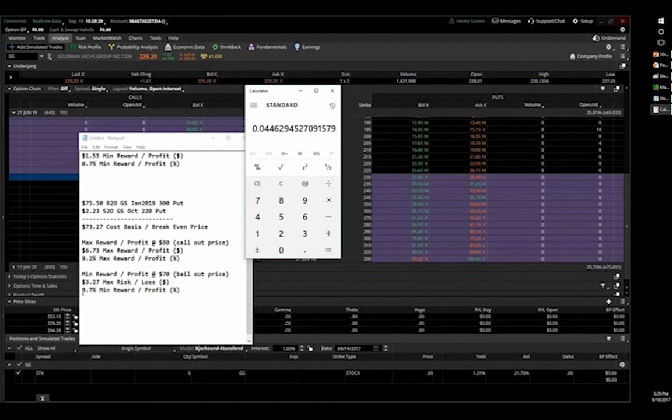That's about 4.4%. And again, don't forget, these are all buy rights, which means we could leg into these and really change our dynamics nicely.